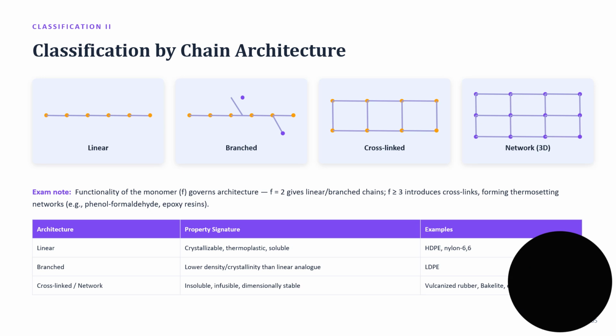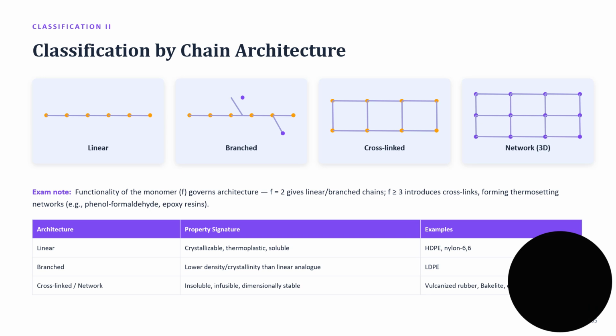Classification by chain. The third classification lens is chain architecture, and this is one of the most exam-relevant classifications because it directly predicts material behavior. Linear chains are simple, unbranched sequences. Think of a strand of spaghetti.